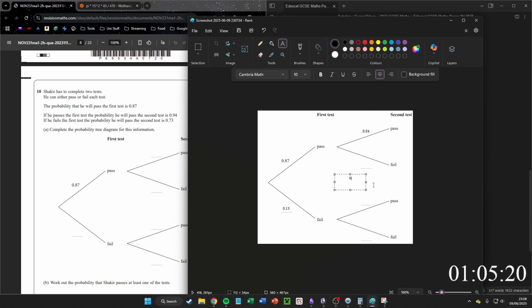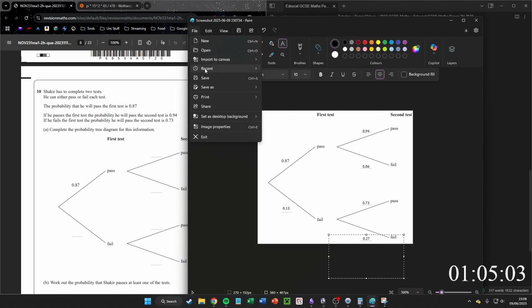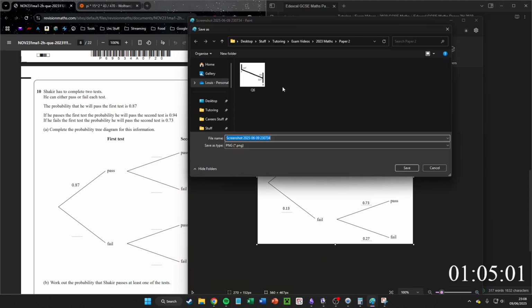And then that obviously gives us 0.06 down there. And then we had 0.73 to pass if he failed the first, and that gives us 0.27 to fail. And then we can just save as 10A.